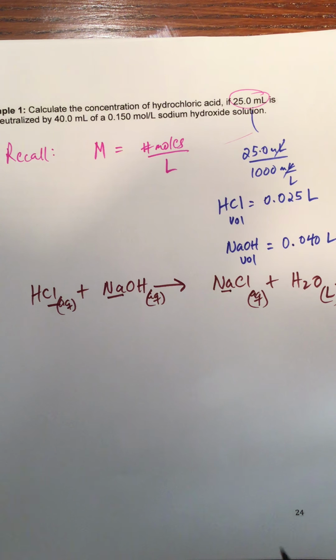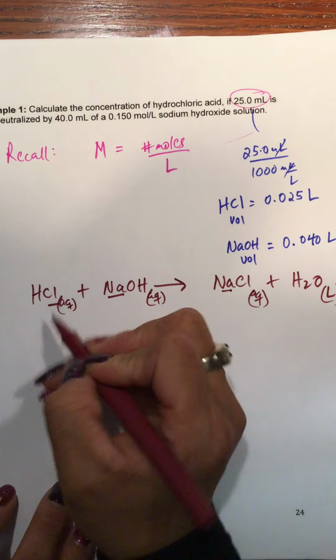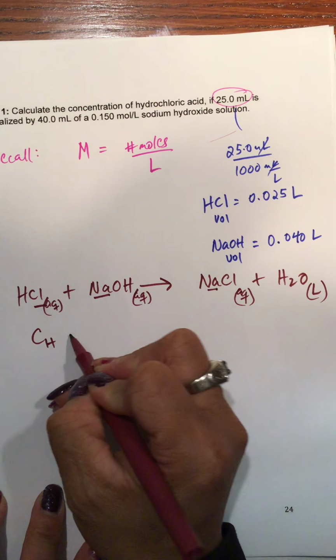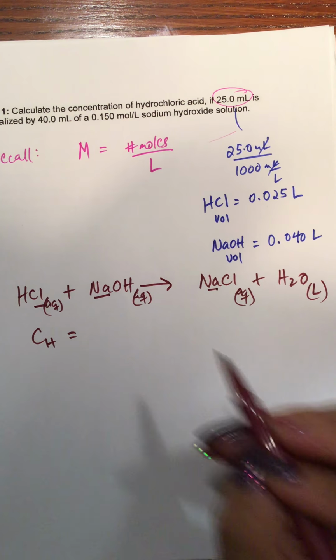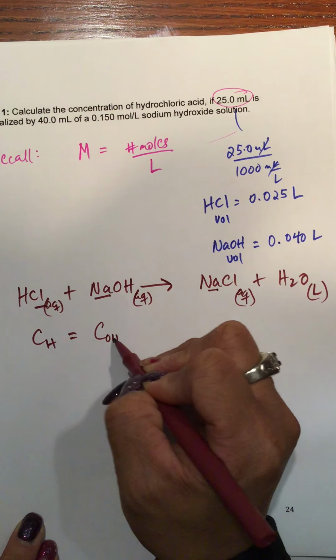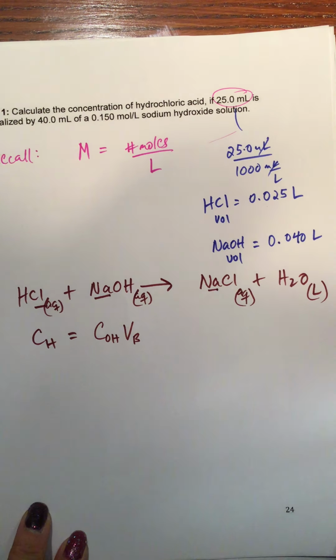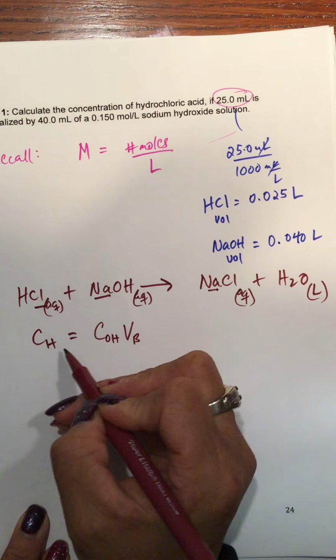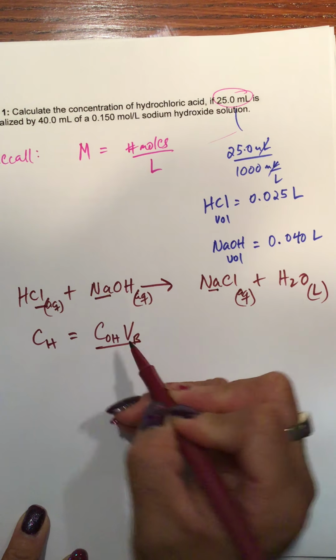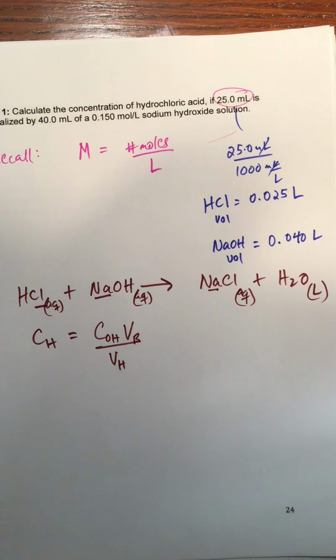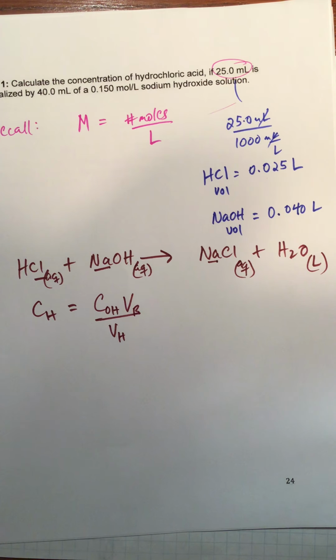So that's step 1. Step 2, we are going to use the formula. We're looking for the concentration of the hydride, so H. So we can say that CH is the concentration of the hydroxide times the volume of the base, divided by the volume of the acid. I'm going to just write the general equation here.